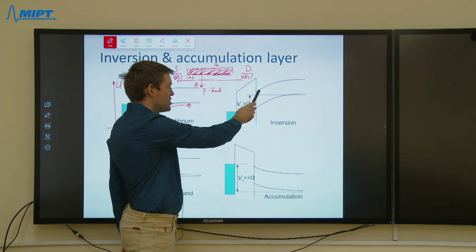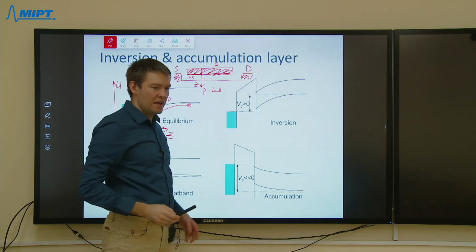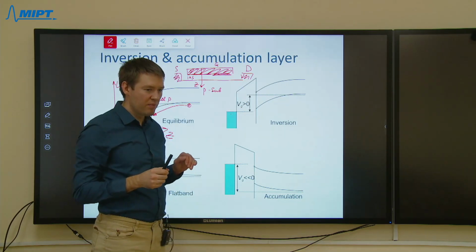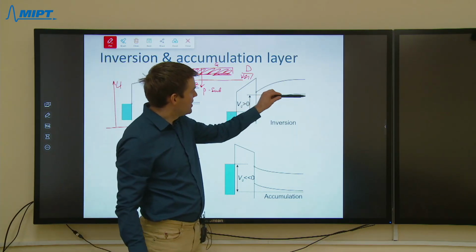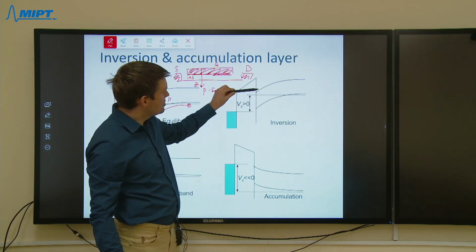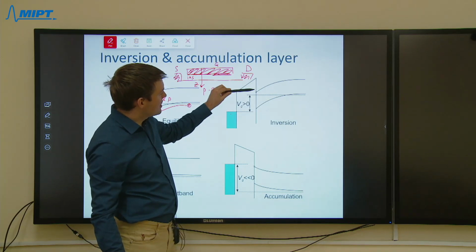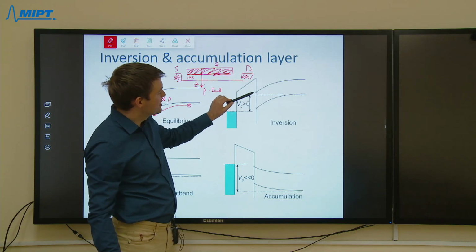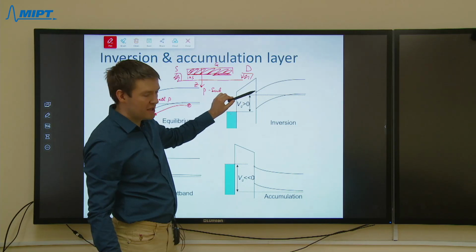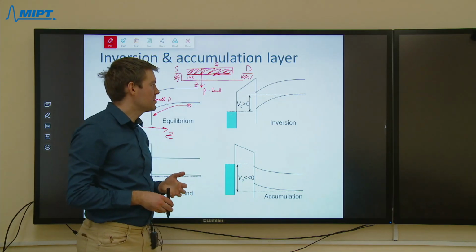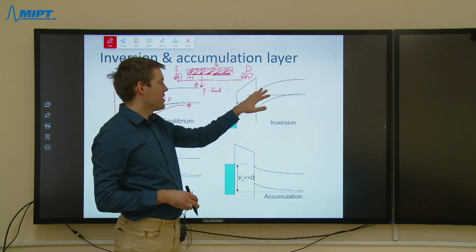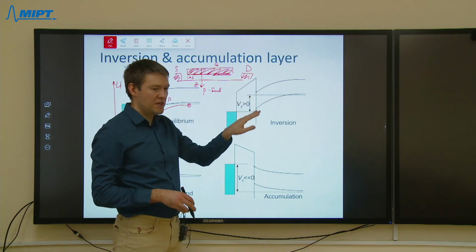So the potential well for electron is becoming deeper and deeper. At some point, the Fermi level for electrons can cross the position of the conduction band, and at some point the density of electrons can become very, very high in this potential well.